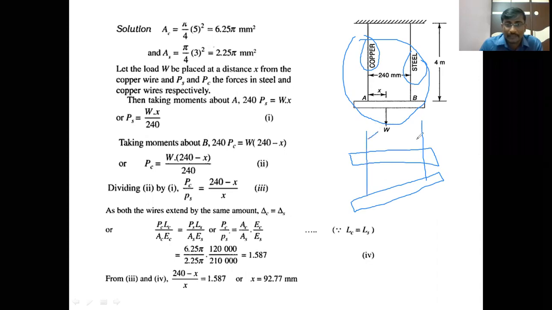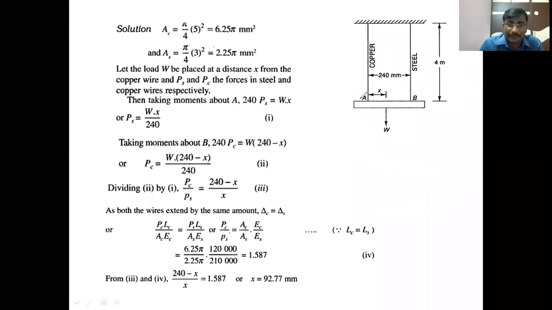This is the copper wire. This is the steel wire. If the copper elongates more than the steel, then the bar looks like this after application of load. But here the condition is given that after application of the W load, the AB bar remains horizontal. Clear?